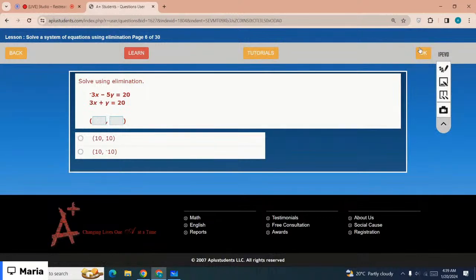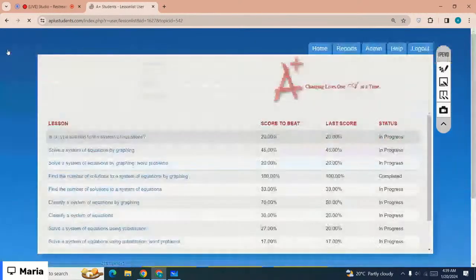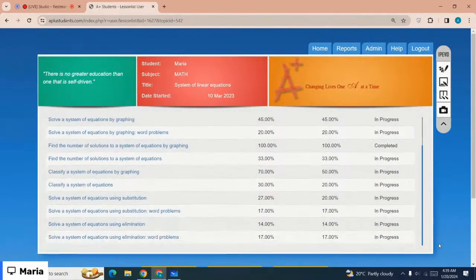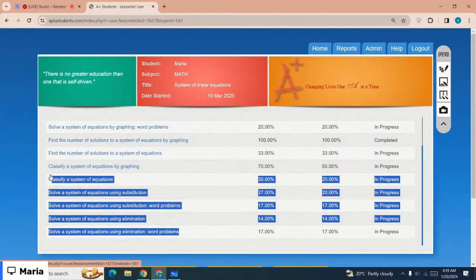Okay, you can complete the lesson by yourself later today. So we were working on grade 8 math. The chapter we're working on is system of linear equations, and the lessons we have covered today are classify a system of equations by graphing, classify a system of equations, solve a system of equations using substitution.